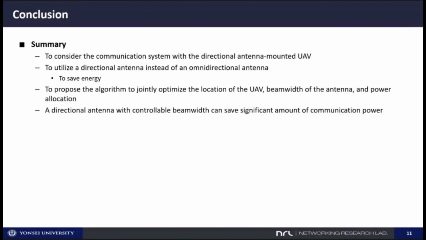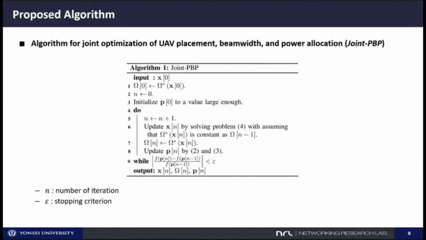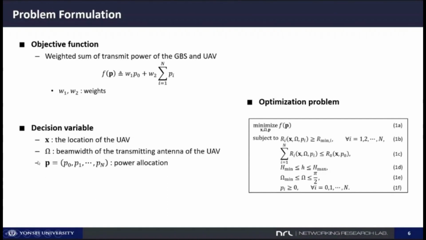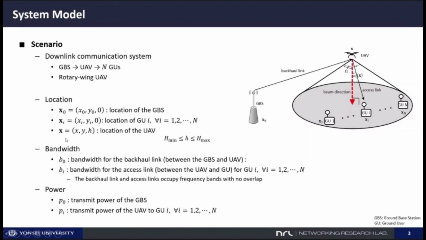According to your presentation, you just optimize the X and Y axis of the UAV without considering the height of the UAV. So my question is why you didn't optimize the height of the UAV? So this is height. I also optimize the height of the UAV. Here, the control variable includes X, and X represents the height of the UAV also.